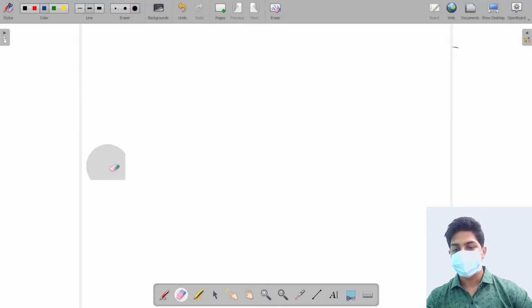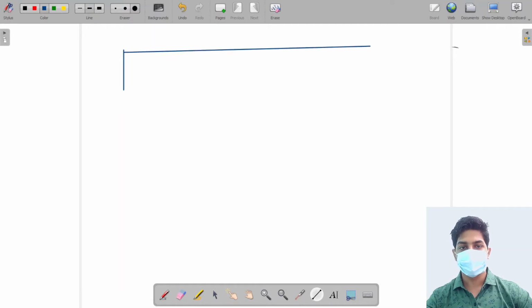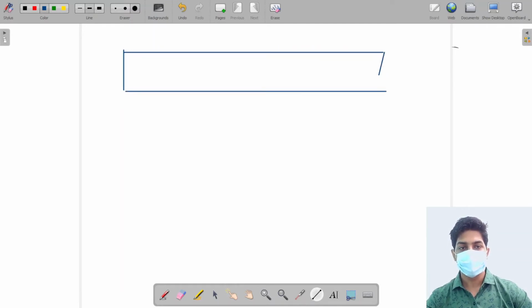So what will happen is that we want to reach the nth step, and initially we are on the 0th step.